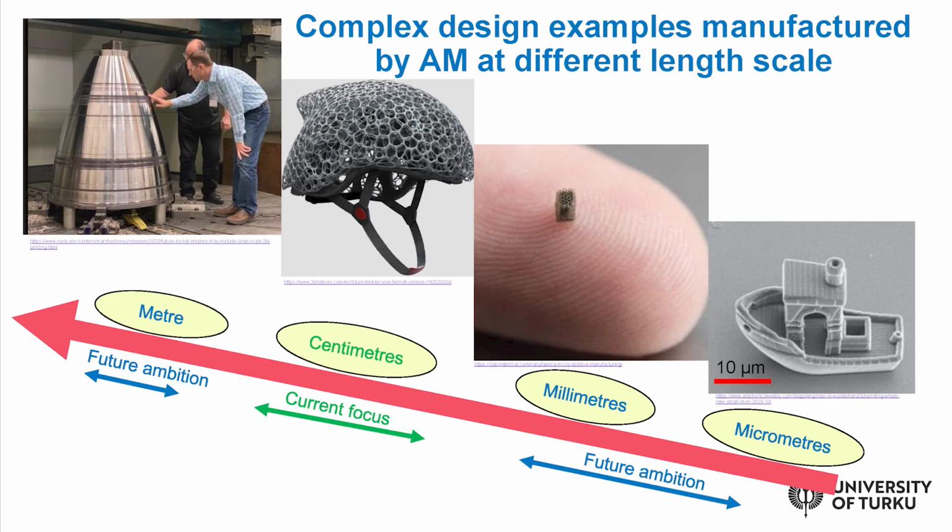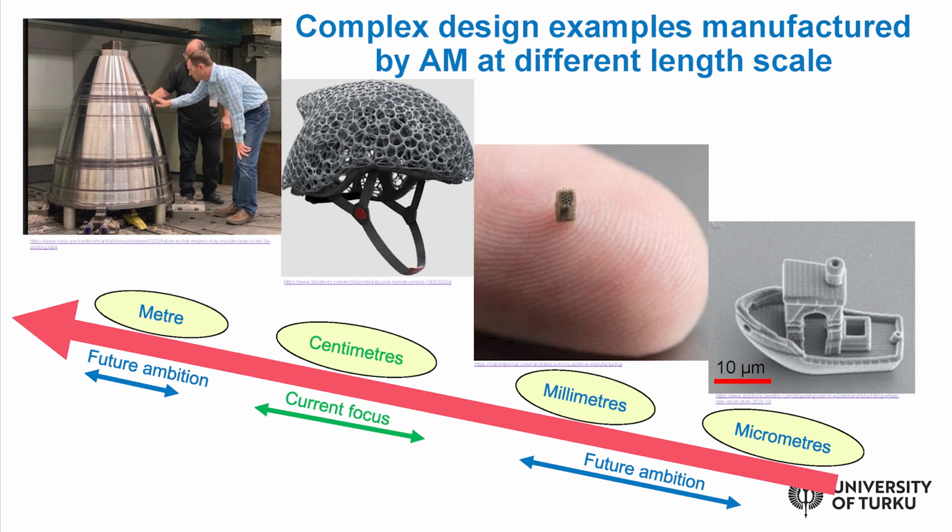All of this will lead towards sustainable manufacturing, something that we are all trying to aim for so that we can solve climate change. AM is not only restricted to a certain length scale, it can create components at almost all the length scales that we can imagine now.